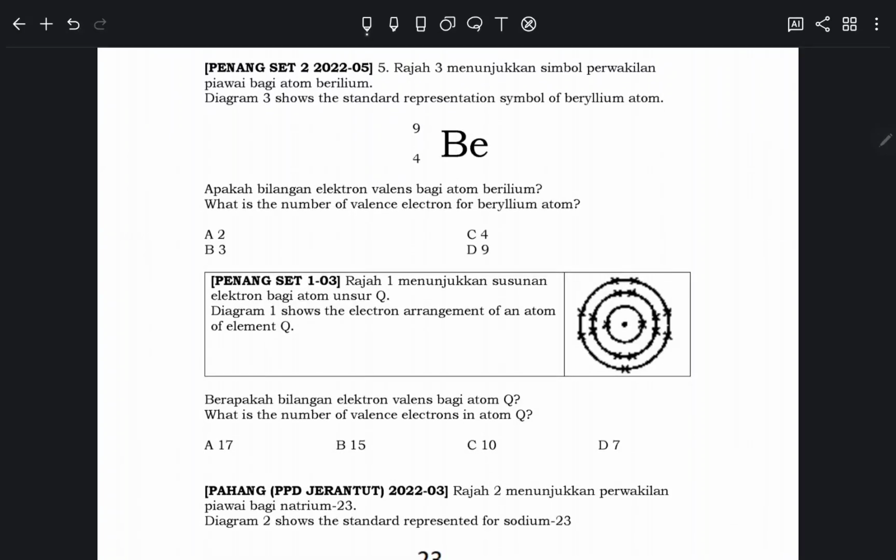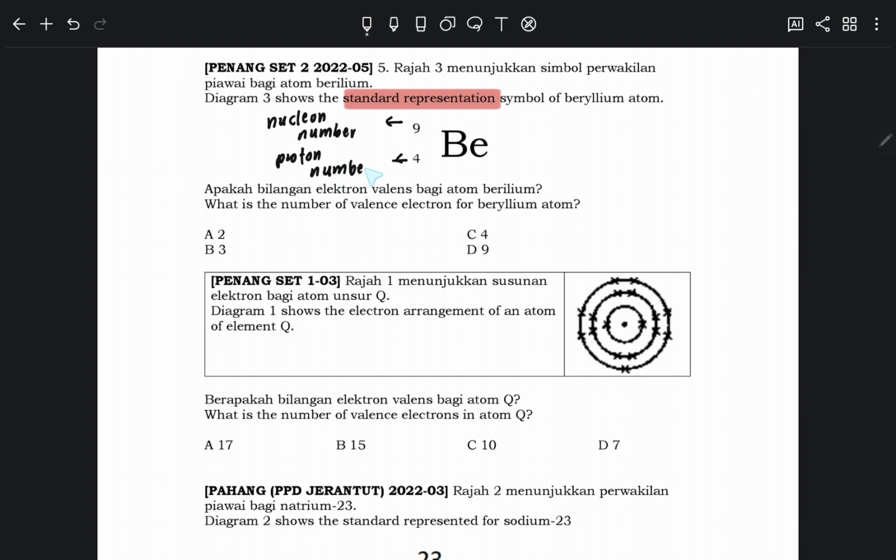Okay, next one, Penang Set 2 2022. It shows a standard representation. Again, in standard representation, the number on top we call the nucleon number, and the number below we call the proton number. What do you understand by nucleon number?